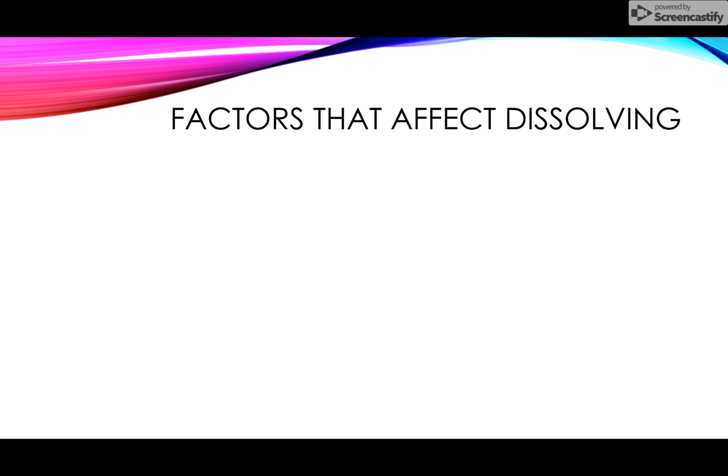The reason why they do that is because if the water is hot, then a lot of sugar can dissolve. If the water is cold, not a whole lot of sugar can dissolve. And that is because the temperature increase will allow more particles, more sugar to dissolve. So the first thing is an increased temperature will increase dissolving.